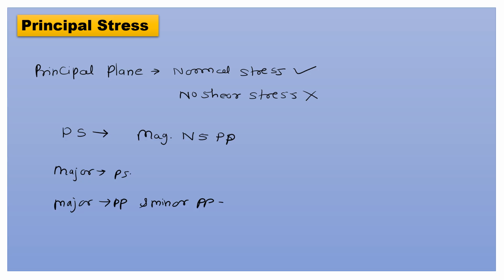Then major and minor principal plane: the plane which carries the maximum or major value of principal stress is the major principal plane, and the plane which carries the minimum value of principal stress is nothing but the minor principal plane.